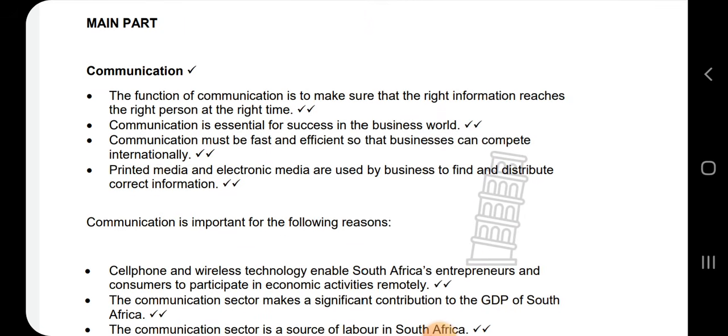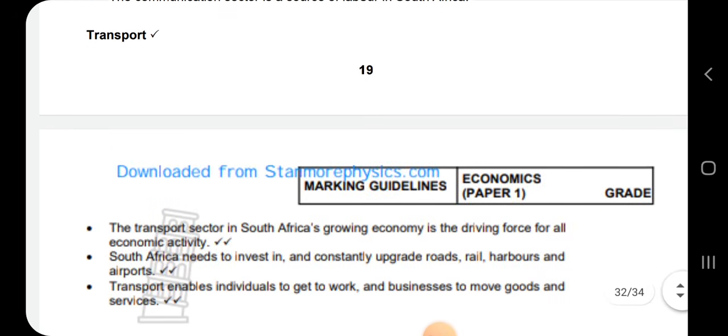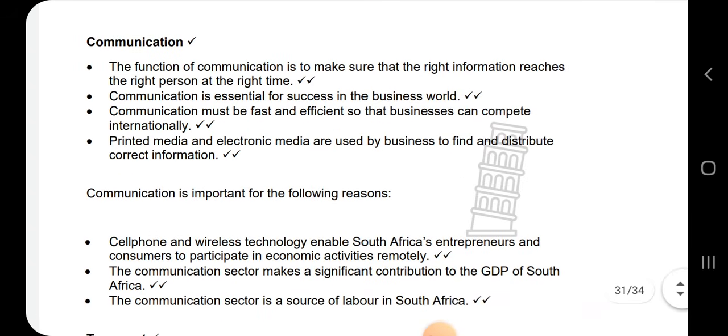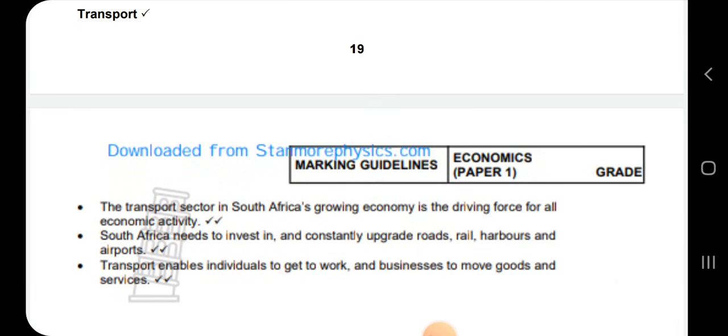So when we're talking about infrastructure, we're talking about communication. You see, there you have communication. We have transport. Let's do this so that you can read. Communications, we have transport, that is infrastructure. Communication is infrastructure. Transport is also infrastructure.